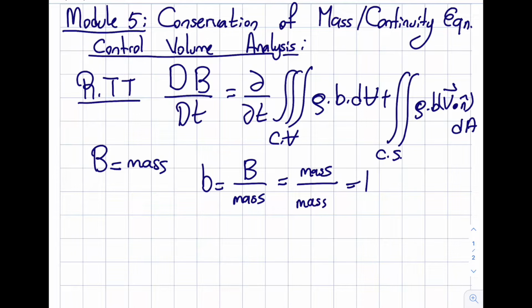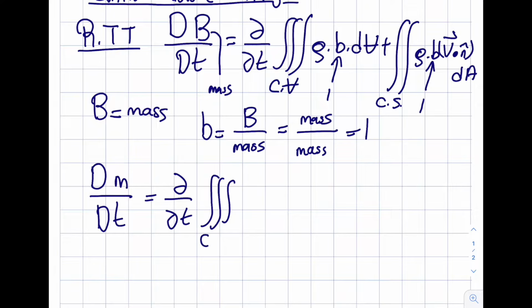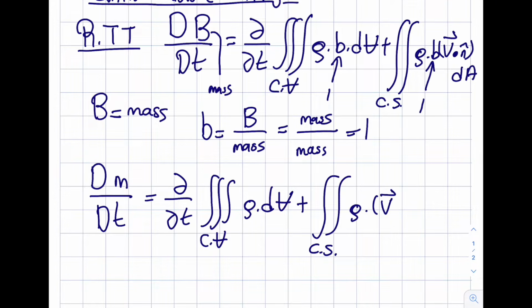Mass over mass is unity. So I'm going to insert 1 here and here, drop those two out, and insert mass. Then you get dm/dt will be equal to del/del t of the triple integral over the control volume of rho d volume plus over the control surface rho V dotted with n dA.